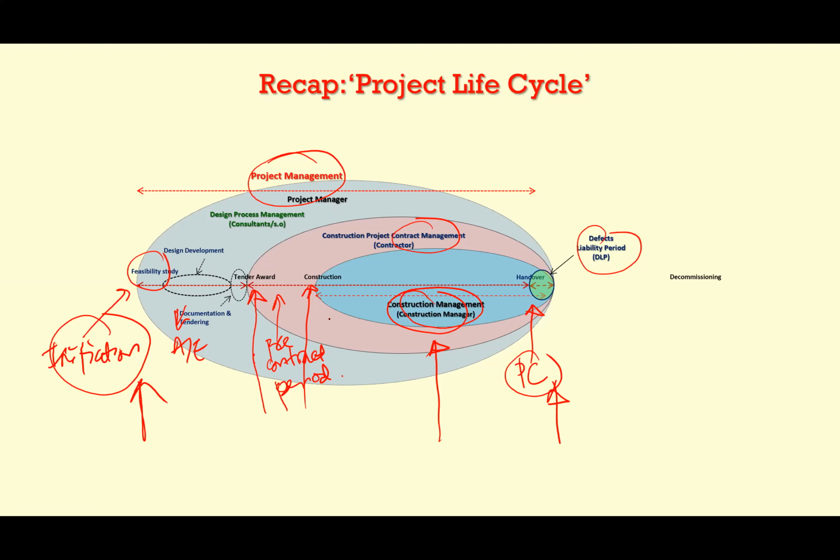For example, ISO. ISO for quality is basically ISO 9001. For environment, we have ISO 14001. How about safety and health? We have ISO 45001. That's what we call a management system.